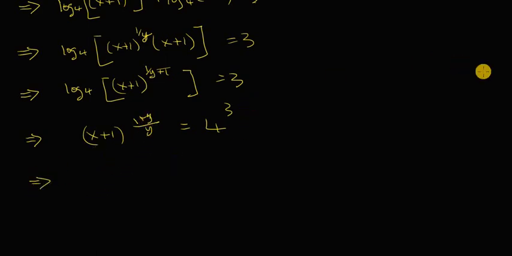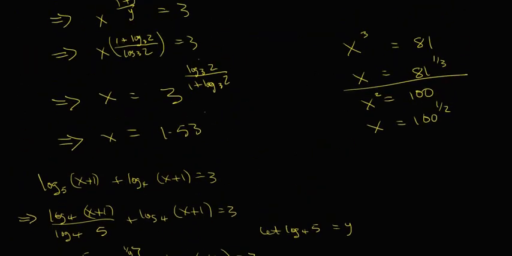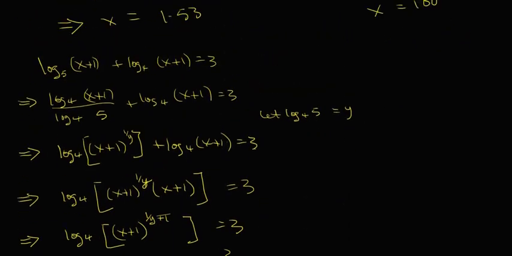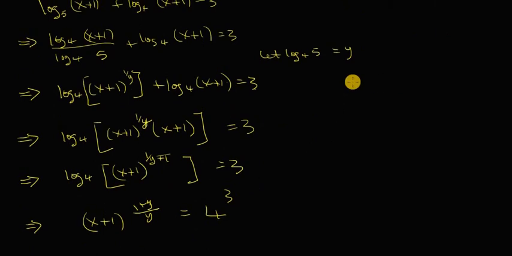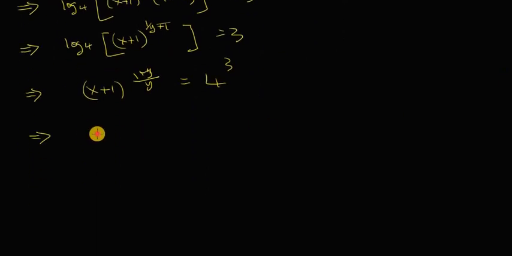So now I'm going to replace the y. y is equal to log base 4 of 5. So x plus 1 to the power of 1 plus log base 4 of 5 over log base 4 of 5 is equal to 64.